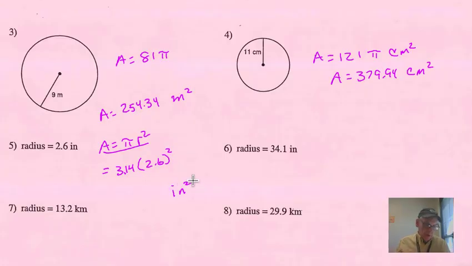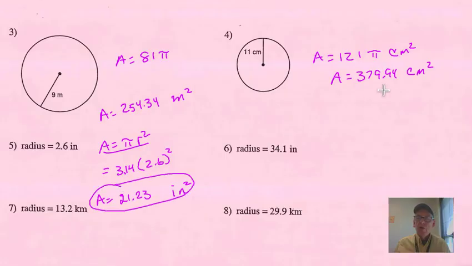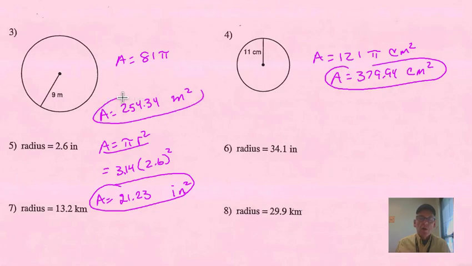So 2.6 squared times 3.14 comes out to be 21.23 if I round it to 2 places. And it's going to be inches squared.